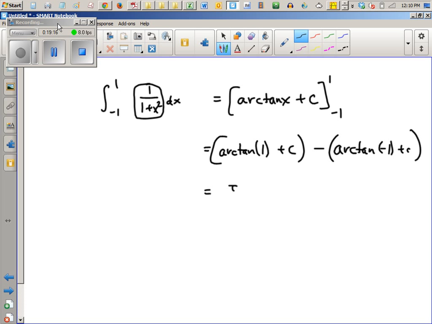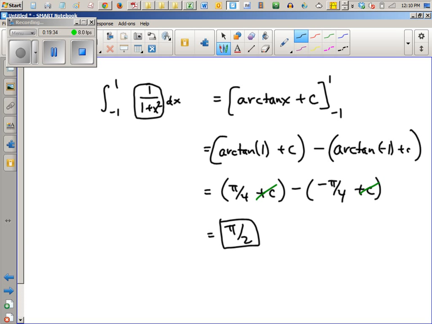And this gives us pi over 4 plus c minus negative pi over 4 plus c. In other words, pi over 2. And you'll notice that the c's always cancel out, so when you're doing a definite integral, like I said a moment ago, just feel free not to even use the plus c. And that's the answer.